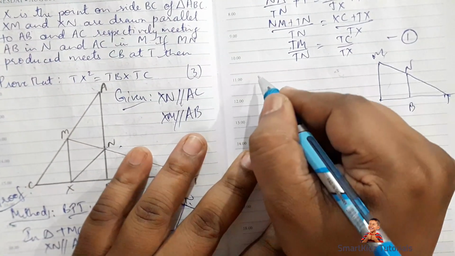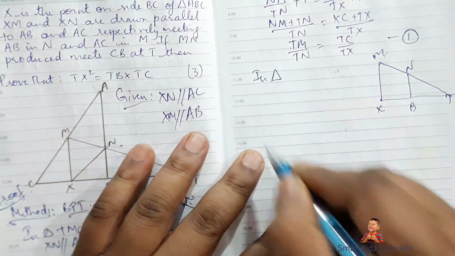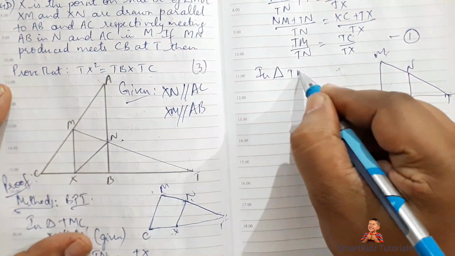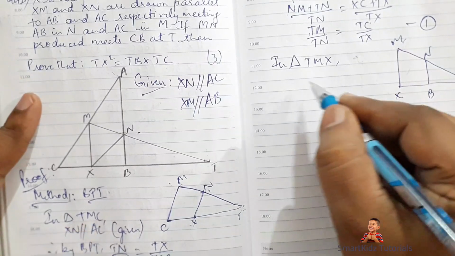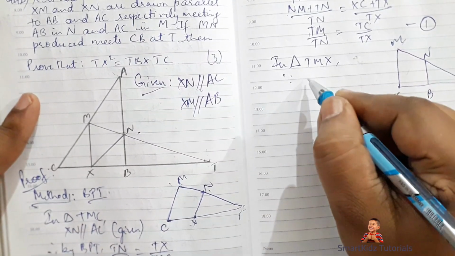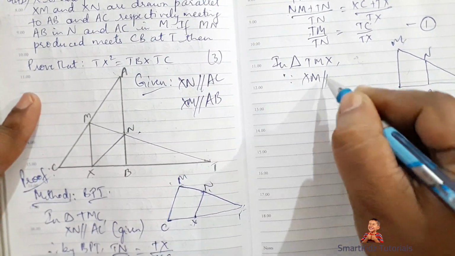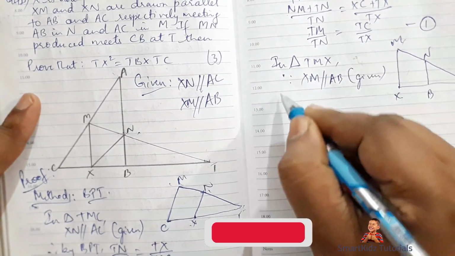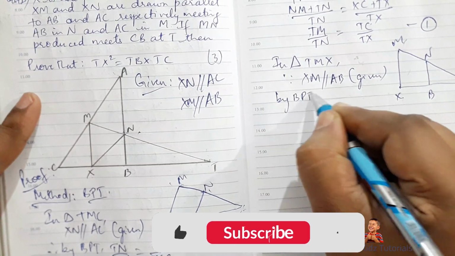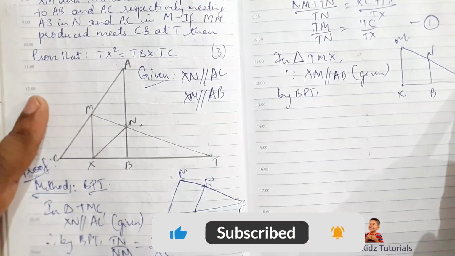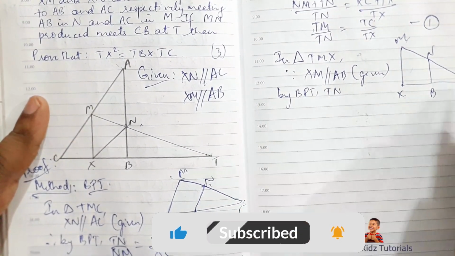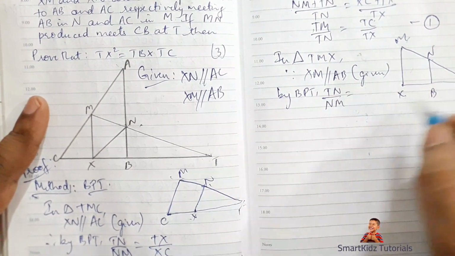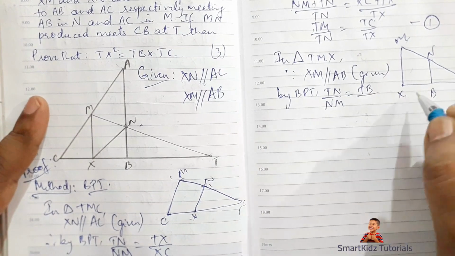We say in triangle TMX, since XM is parallel to AB, which is given to us, by basic proportionality theorem, we get TN upon NM is equal to TB upon XB.